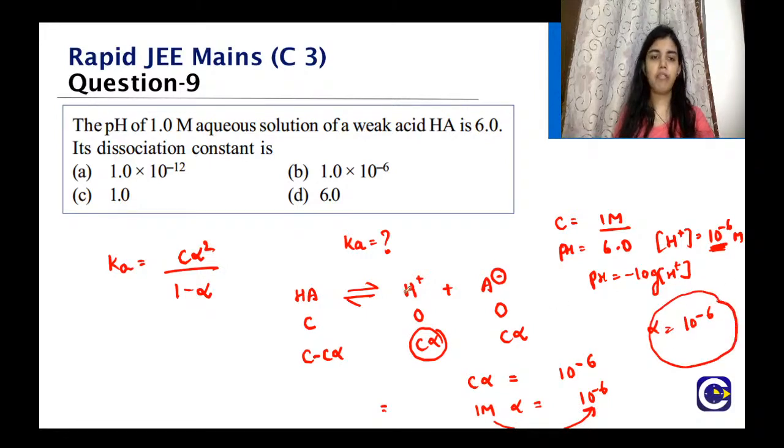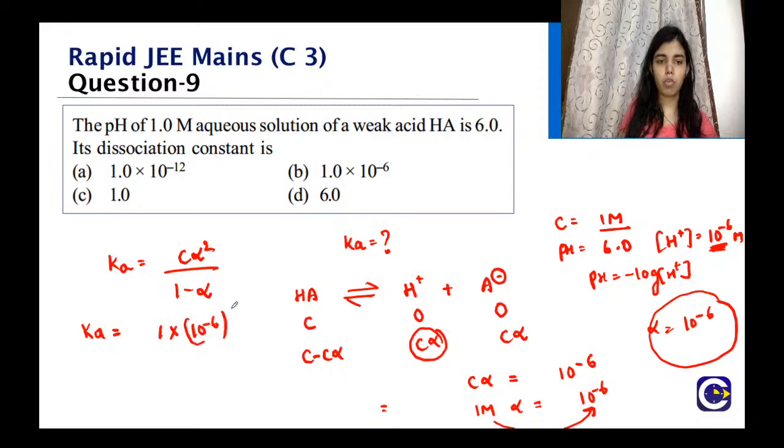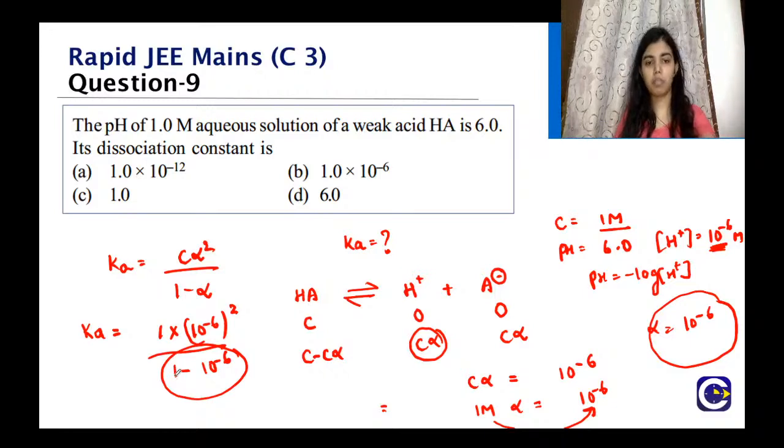Now you substitute the value of alpha in the dissociation constant of the acid. So C is 1, into 10 raised to the power minus 6 whole square, divided by 1 minus 10 raised to the power minus 6. Now we can neglect the value of alpha, because alpha is much smaller than 1. It is 0.000006 basically.